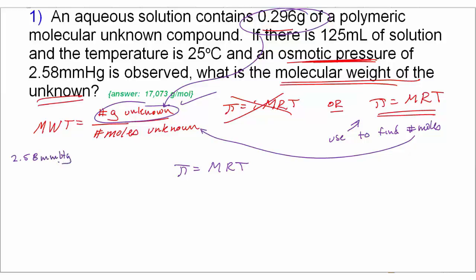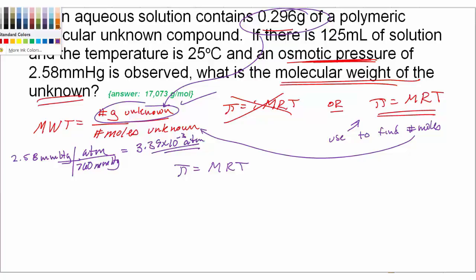And I give you all these conversions on the quiz. There's 760 millimeters of mercury in an atmosphere. So 2.58 divided by 760, you get about 3.39 times 10 to the negative 3. Okay, so let's go ahead and plug that in.